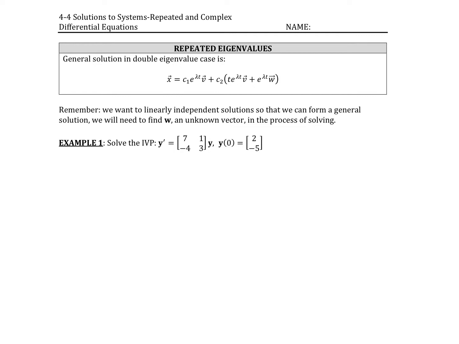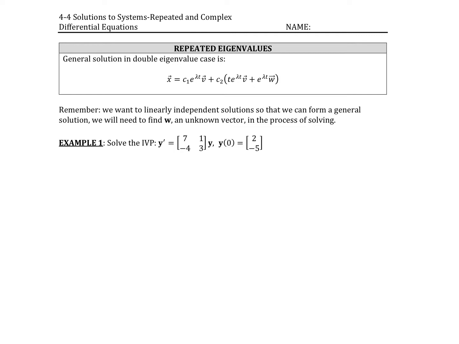There are some weird nuances that go with repeated. Remember when we did repeated roots for second order linear differential equations? We would just add a t in front of the next term. It's going to be a similar idea, but there is an additional vector.